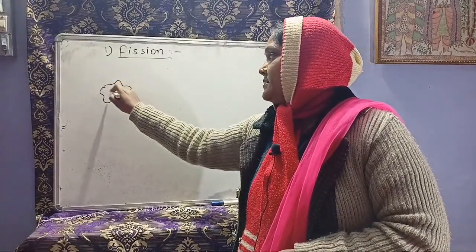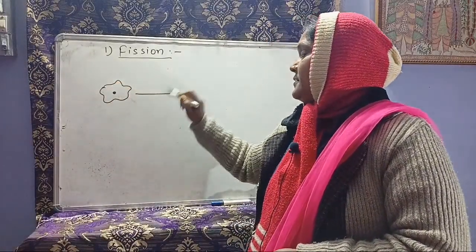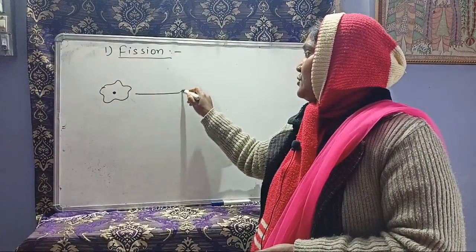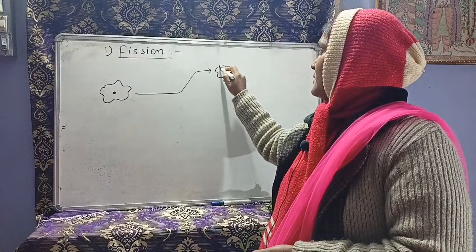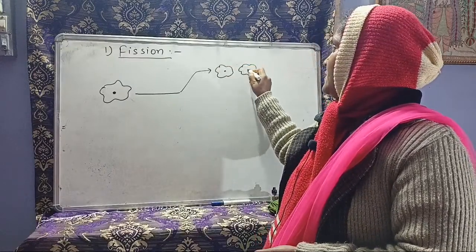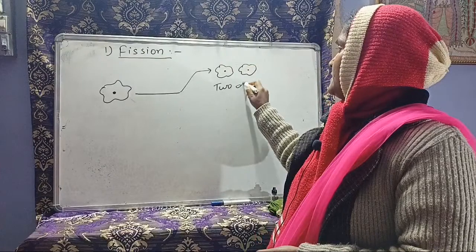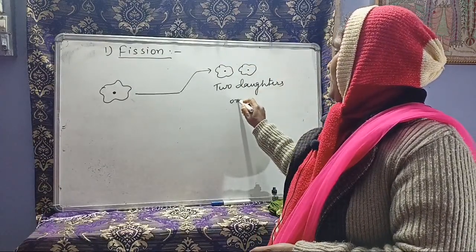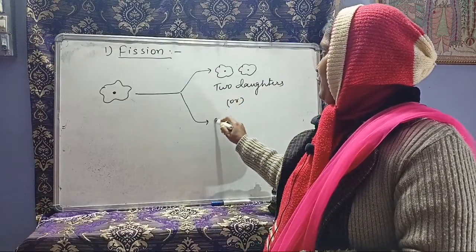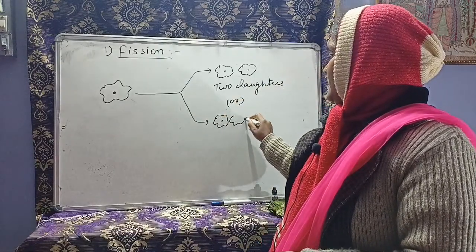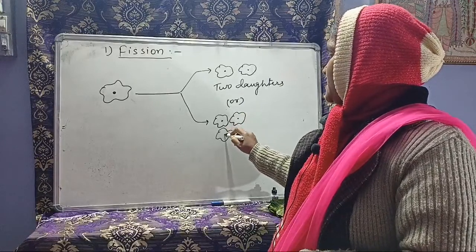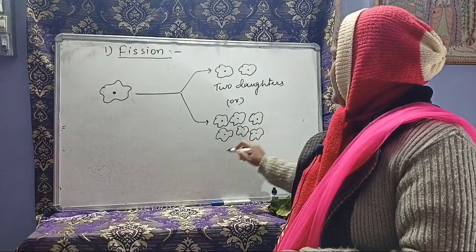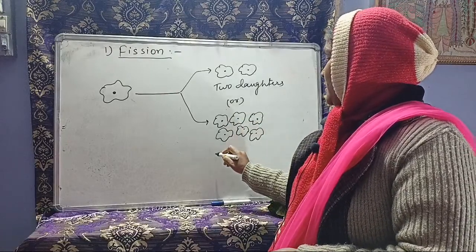Unicellular parent divides to form either two daughters or to form many daughters, more than two daughters.